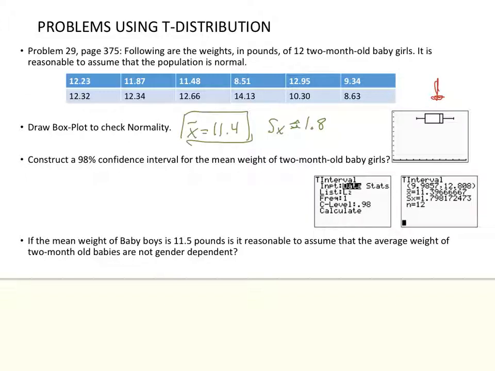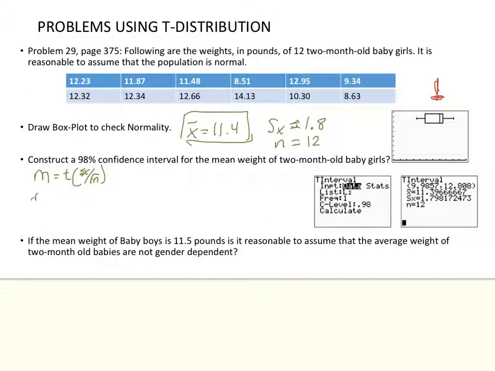Now, we want to find a 98% confidence interval. So in this particular case, we have to find a margin of error. Our margin of error in this case, because we don't have sigma, we have to calculate a t margin of error, which is sx divided by the square root of n. Do we know what n is? Yes. n is equal to 12.